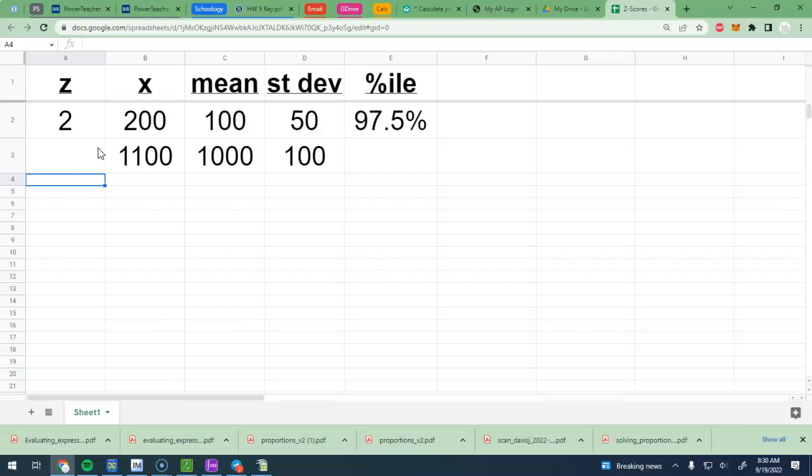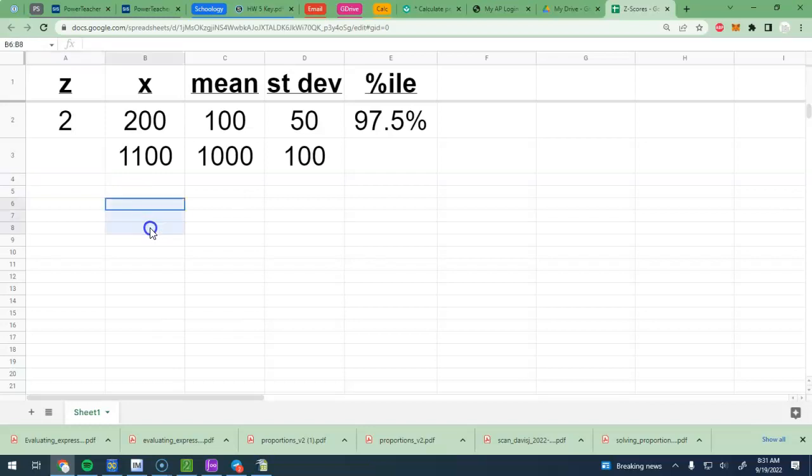Okay, so if you're thinking through it logically, I am 100 points above the mean, and every standard deviation is 100 points. So how many standard deviations above the mean am I? 1, so your z-score is 1. And if my z-score is 1, I'm here, and the percentile is the percent below that. So you add all these up, you get 84.